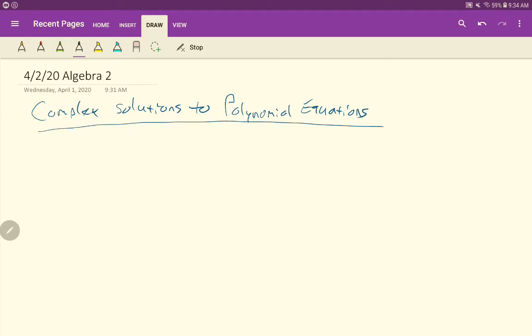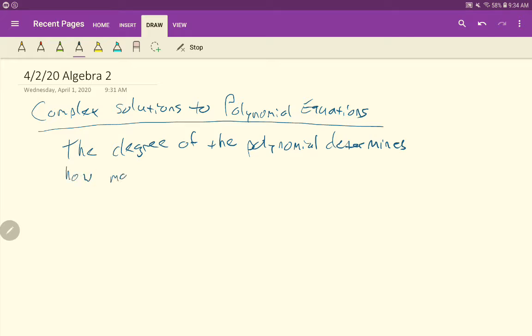All right, the big principle here that I want you guys to really connect and understand is that the degree of the polynomial determines how many intercepts, or not intercepts, let me say, solutions the polynomial has.